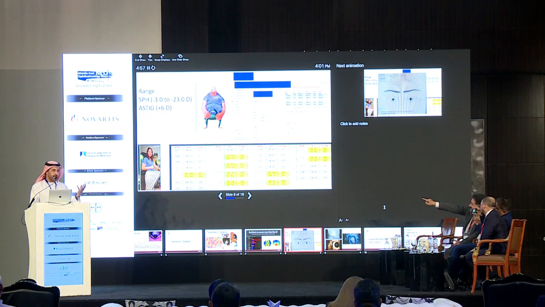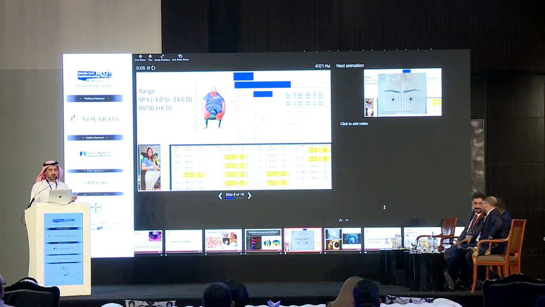If you are measuring white to white by caliper, there is always an error. If you are using your Orbscan or some of the tomographers which can provide white to white, it's another shortcoming.